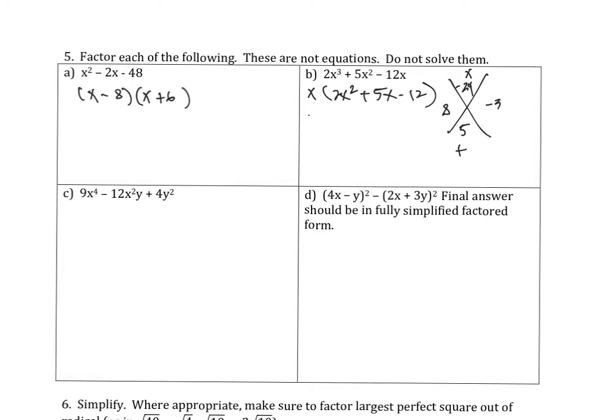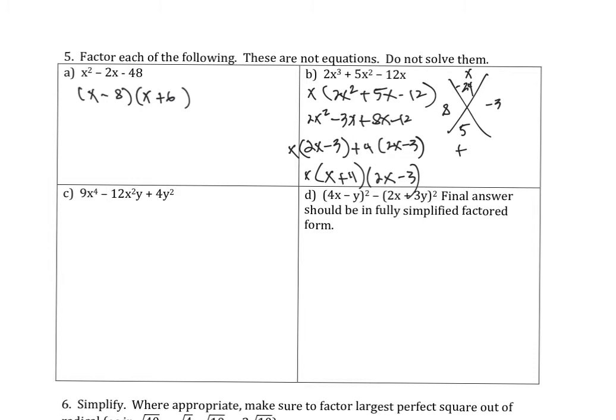So we break this into 2x squared minus 3x plus 8x minus 12, and then factor by groups to get x times 2x minus 3 plus 4 times 2x minus 3. So we end up with the final factorization of x times x plus 4 times 2x minus 3.